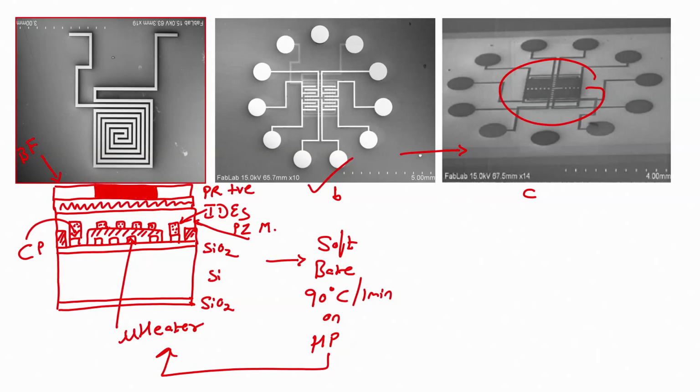The next step is we have to perform UV exposure. After UV exposure, you will unload the mask and then perform photoresist developing, or you will dip the wafer in photoresist developer.